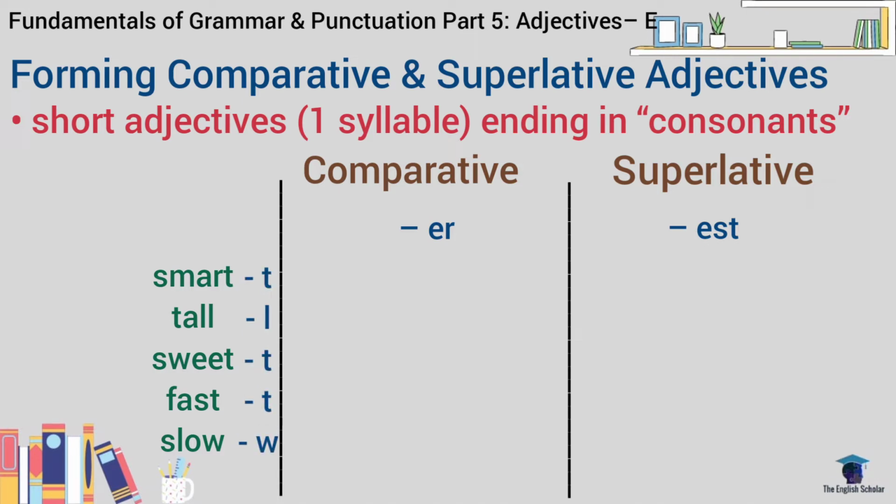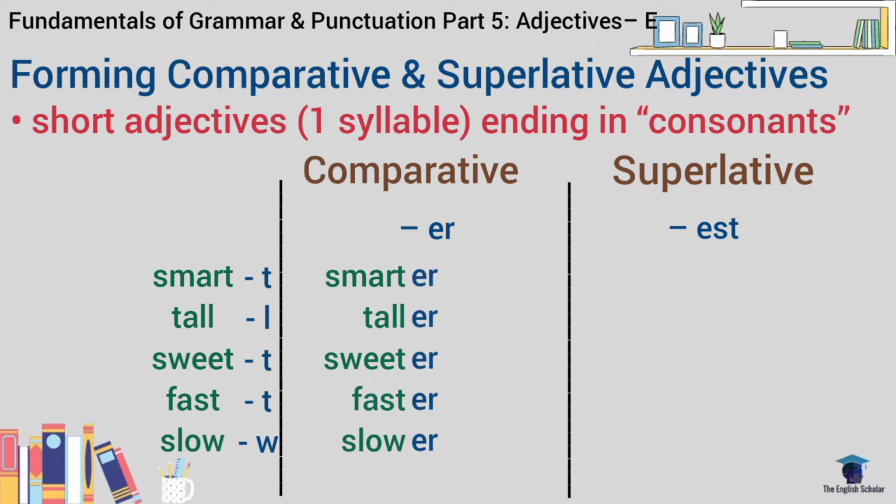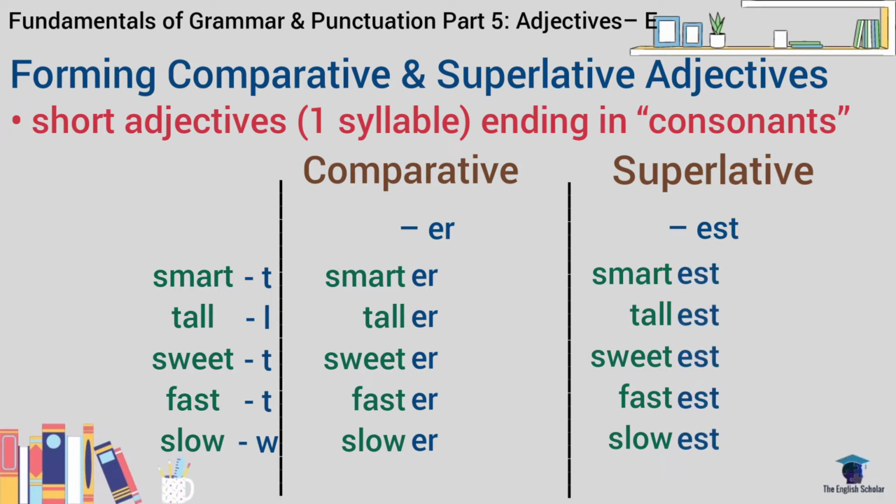So, when we form comparative adjectives, we just put er at the end. And to form superlative adjectives, we just put est at the end. So, for smart, it turns into smarter for comparative, and then smartest for superlative. And then taller, tallest, sweeter, sweetest, faster, fastest, slower, slowest.